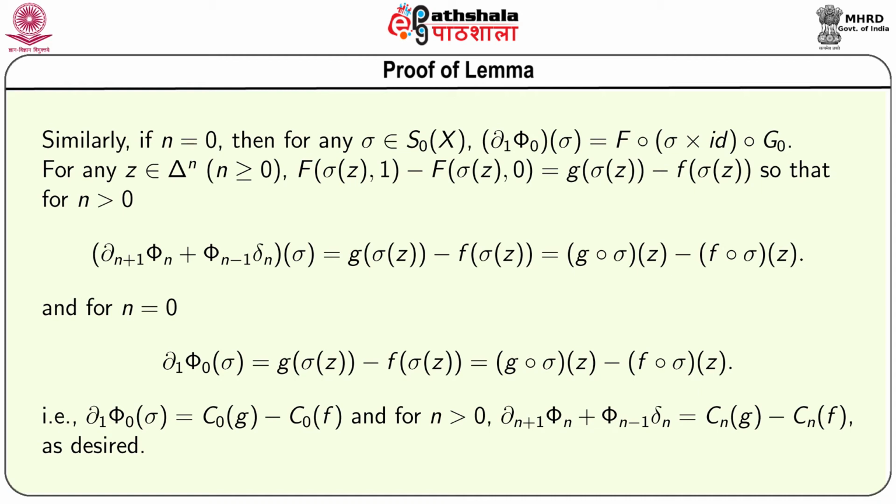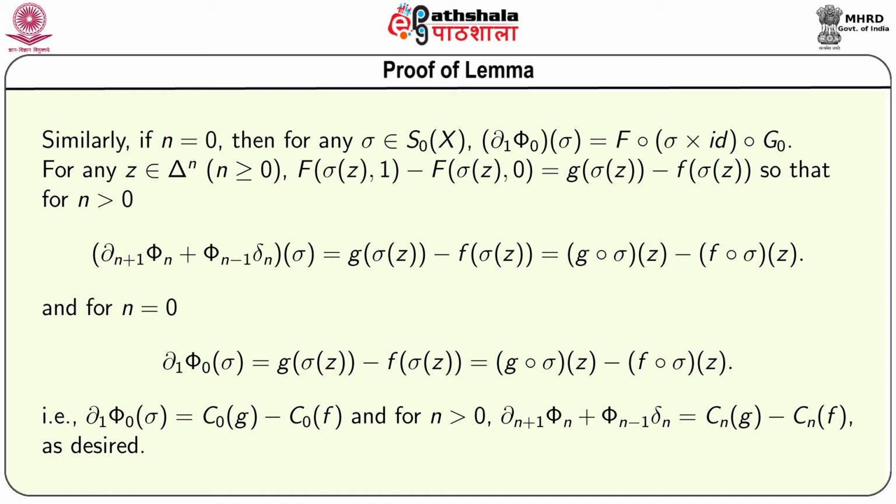del n plus 1 phi n plus phi n minus 1 delta n operating on sigma will be ultimately equal to g composed sigma of z minus f composed sigma of z. And for n equal to 0, del 1 phi 0 sigma will be ultimately g composed sigma on z minus f composed sigma on z.